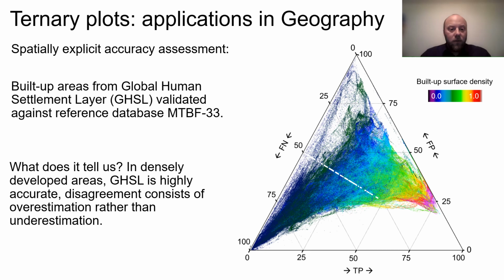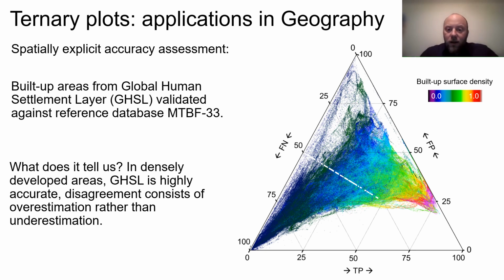And what I did was to compare a remote sensing derived data product, which is the global human settlement layer, against a reference database that we created based on cadastral data, which is called MTBF33, which stands for multi-temporal building footprint dataset 33, because it covers 33 US counties. So it's just a small dataset.